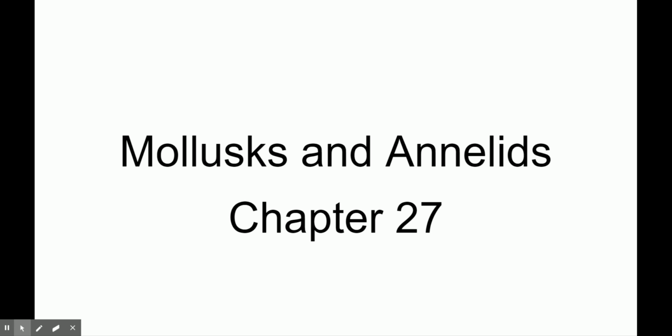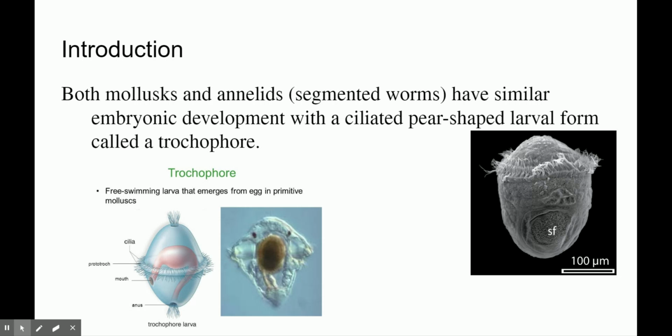One of the ways that mollusks and annelids are similar, and actually one of the reasons that we present them together, is because they both start with this larval form called a trochophore. Again, you guys know I love to dive into Greek and scientific meanings.